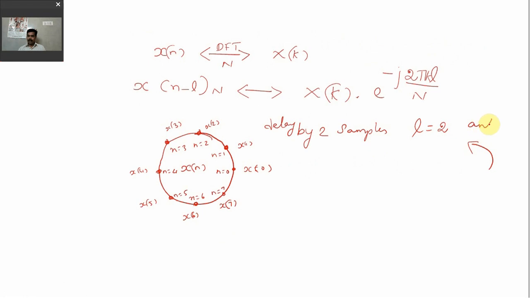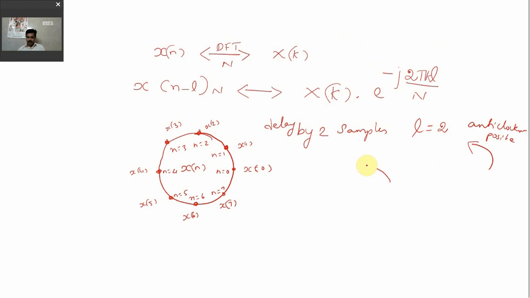The anti-clockwise side is called positive. I am going to delay this sequence by two samples.